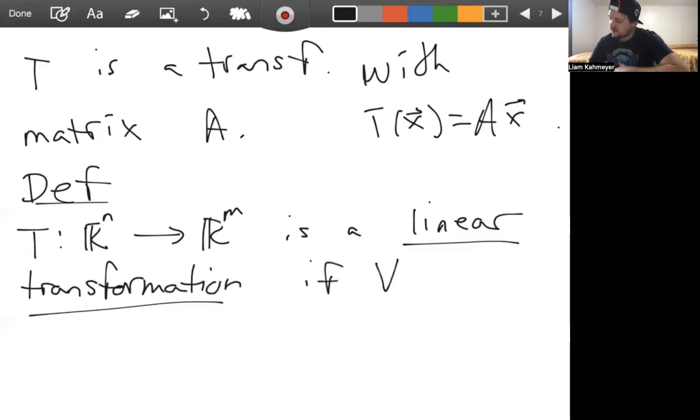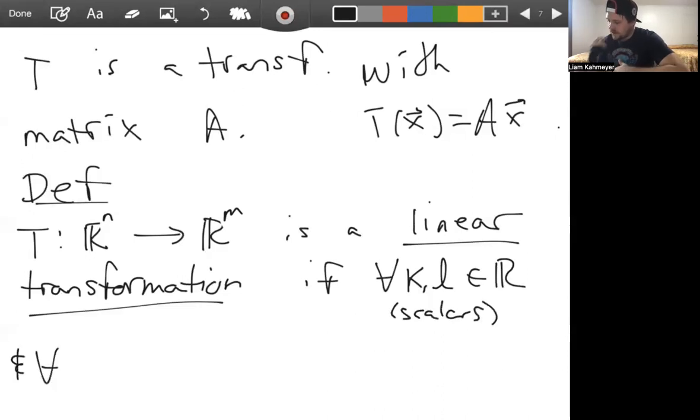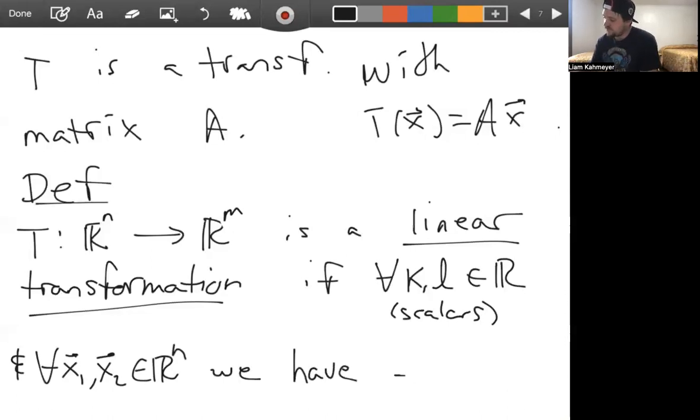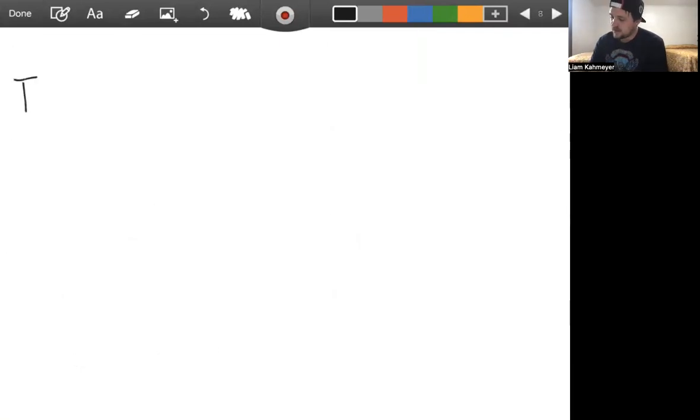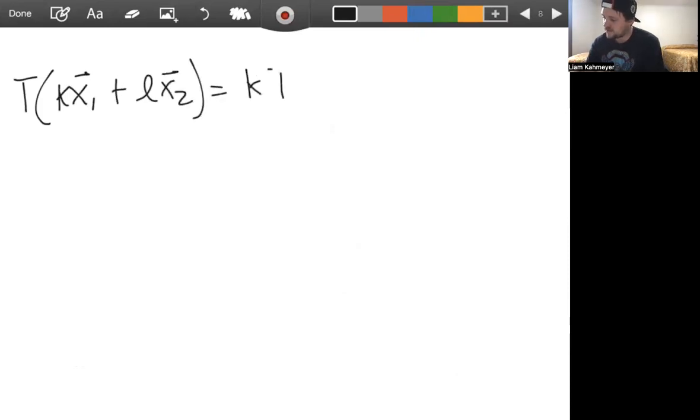if for every scalar k and l in R, and for every vector in the domain, so x1 and x2 in Rn, we have the following property: T of k x1 plus l x2 is equal to k T x1 plus l T x2.